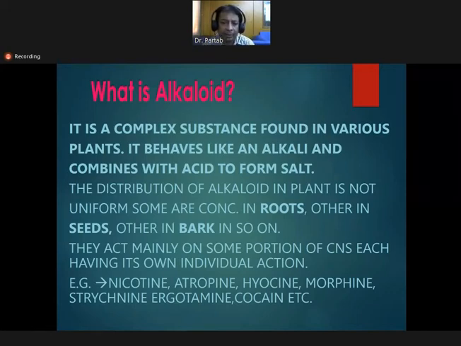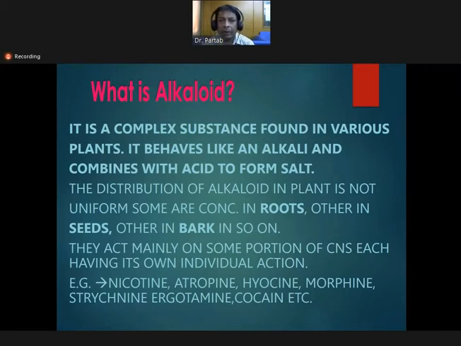They act mainly on some portion of the CNS, each having its own individual action. Some act on the peripheral nervous system, some act on the central nervous system, on the higher centers. Some examples of alkaloids are nicotine, atropine, hyoscine, morphine, strychnine, ergotamine, and cocaine.